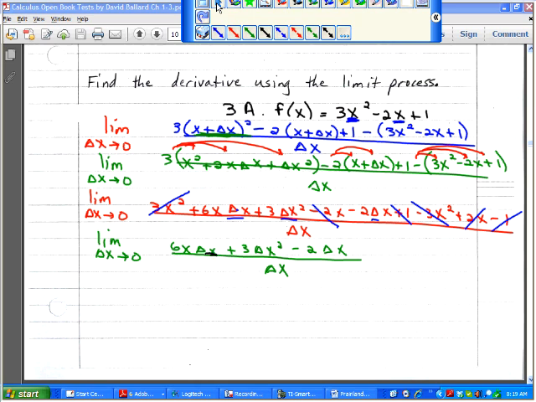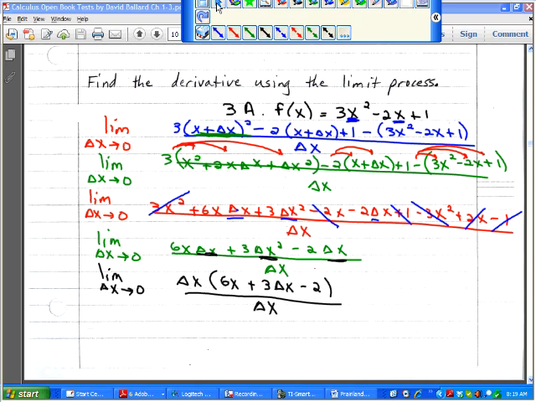Now, because these terms that remain each have a delta x factor, I could factor out that delta x. So when I factor out a delta x, I would have delta x times 6x plus 3 delta x minus 2 all over delta x.